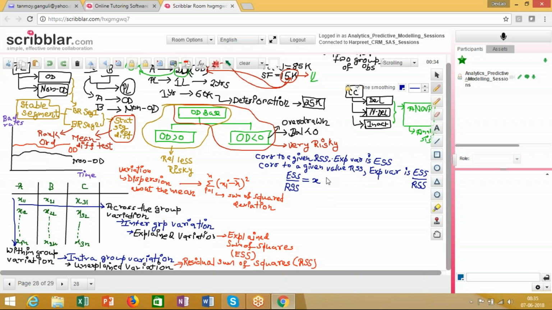So what is this multiple that I have over here? It says that the ESS is some x times the RSS. So the problem that we have in our hand is: is this x a significant multiple?